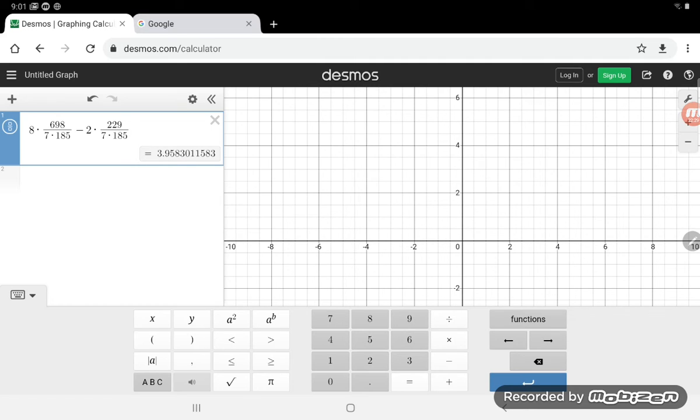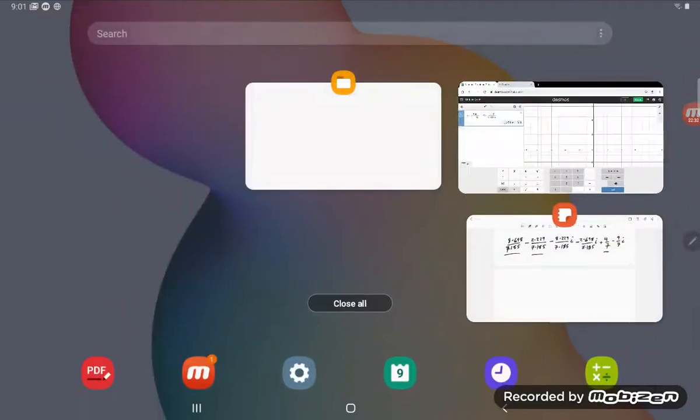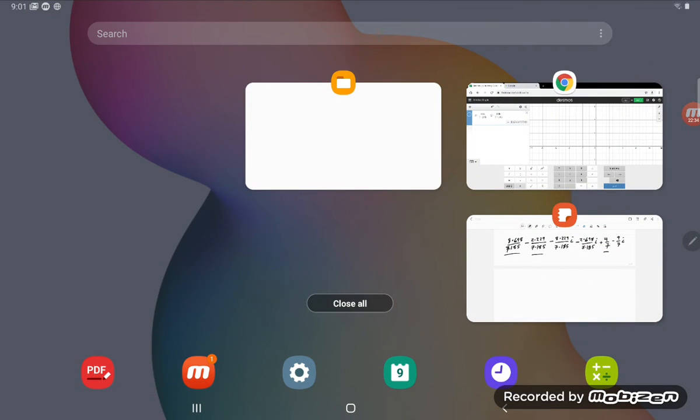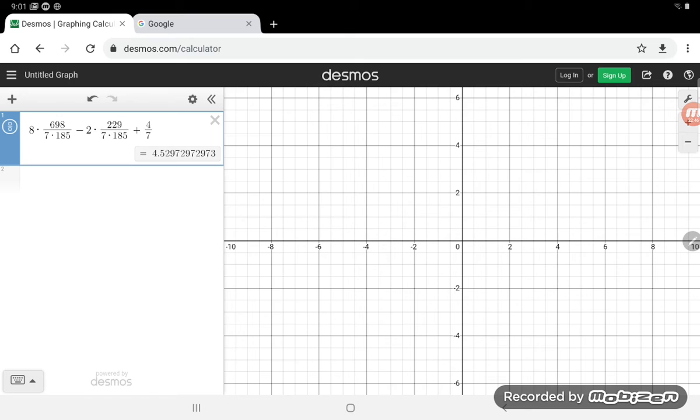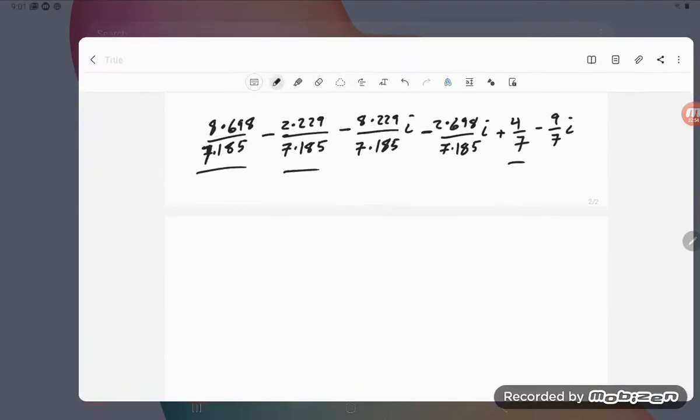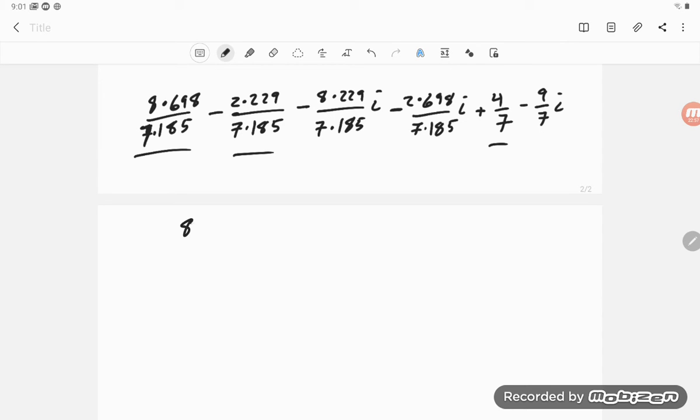And then finally, plus 4 over 7. Now I'll hit the fraction button, and that's 838 divided by 185. That's that term, and that is what they got, so good.